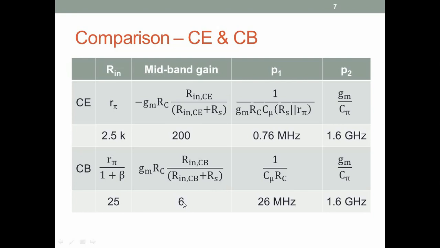So consider a gain of 120, then the gain bandwidth product of the common base amplifier will be 120 times 26, which is far greater than the gain bandwidth product of the common emitter amplifier. So inherently, common base amplifiers achieve much higher frequencies. Alright, this is an important distinction.